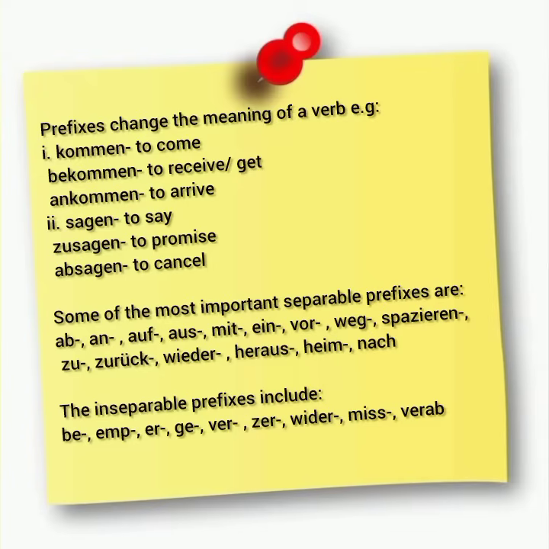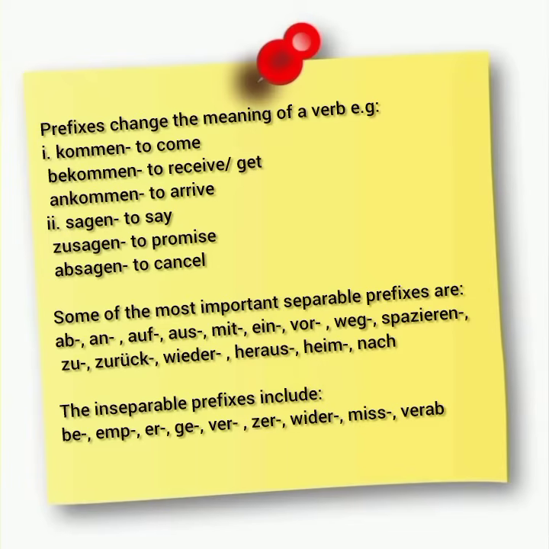So let me now give you the separable prefixes so that whenever you see them, you know which ones are separable and which ones are not. Some of the commonly used separable prefixes are, these ones, whenever you see them, remember to separate. These ones are separable, yeah?